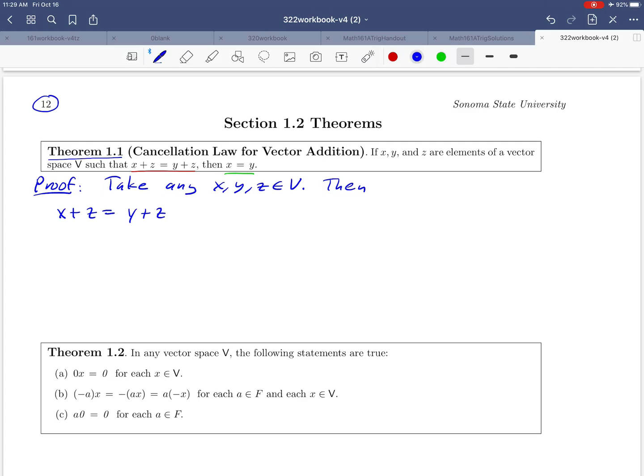Okay, so it's not as simple as just subtracting z from both sides, but one thing we know in a vector space, if you look at our list of properties, is that every vector has a negative. So the z that you see has to have a negative z. There's got to be a negative z in our vector space. So we could start by just adding negative z to both sides.